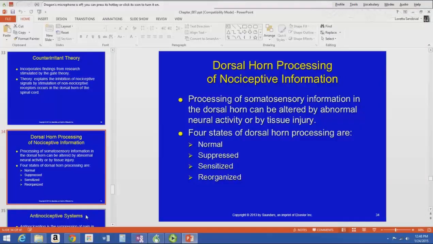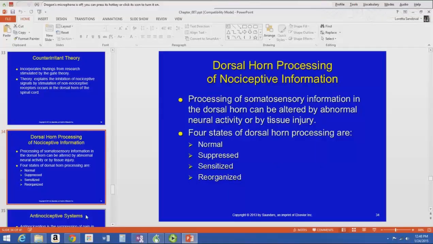Okay, so the processing of somatosensory information that's coming in through those first order sensory neurons in the dorsal horn can be altered by abnormal activity or by tissue injury. So how it's processed can be altered by other stuff that's going on.